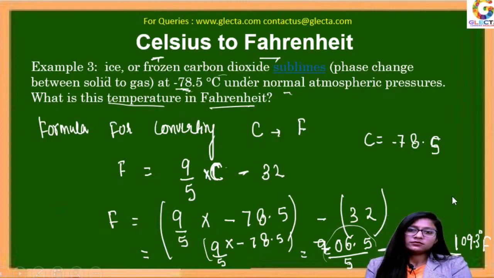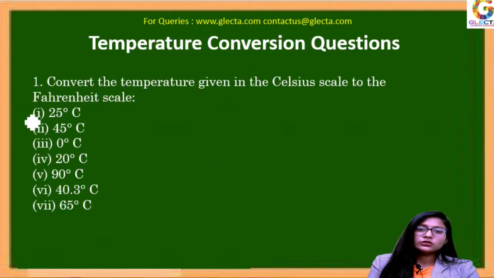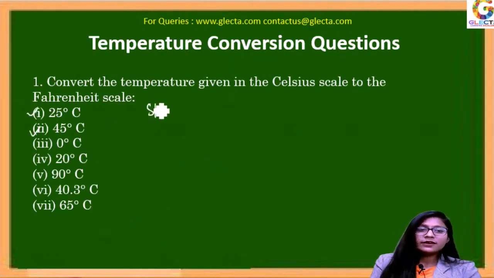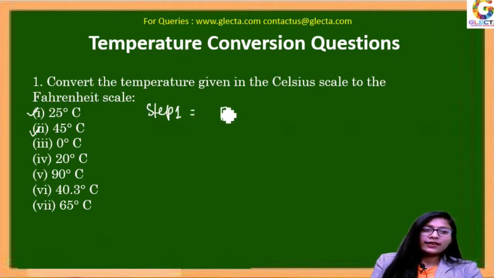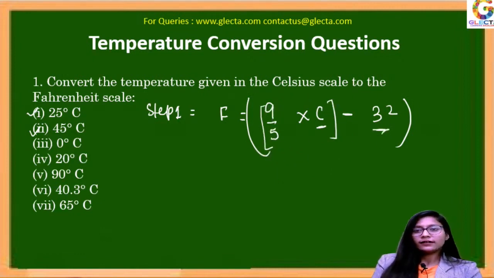any doubt? Okay, let's try to solve these two questions. The formula, step 1, is F equal to 9 by 5 times C minus 32. Put the value of C here and then solve this section first, then subtract 32.